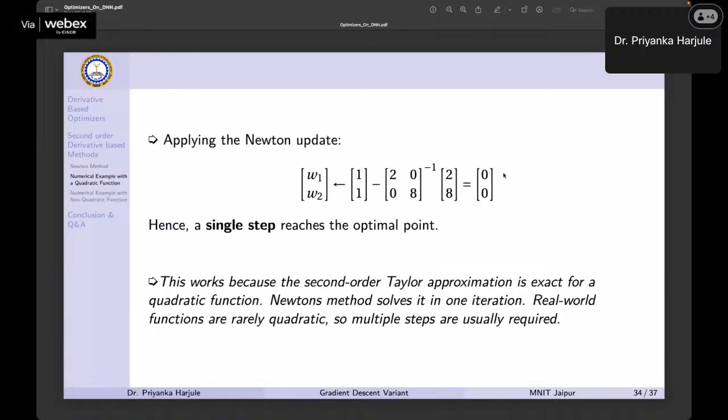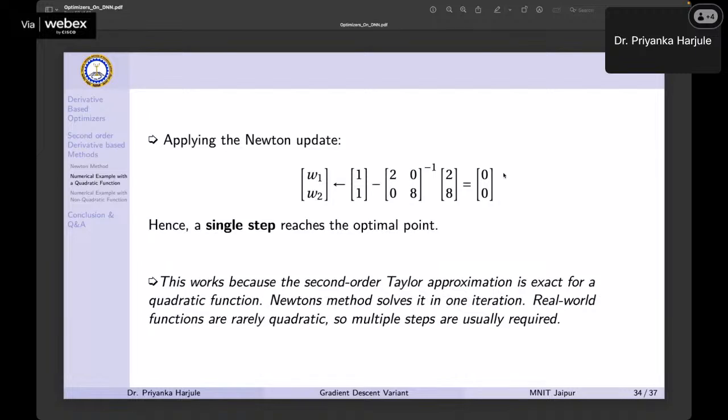It is very common to have neural networks with millions of parameters. Trying to compute the inverse of such a big Hessian matrix is very, very computationally expensive. So therefore, many approximations and variations to this method have been developed.